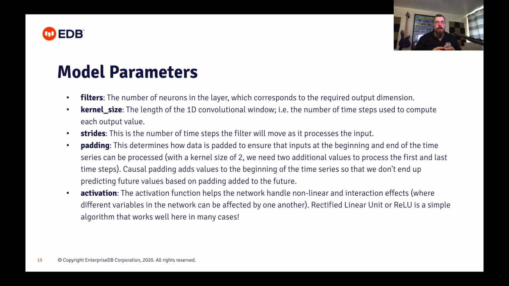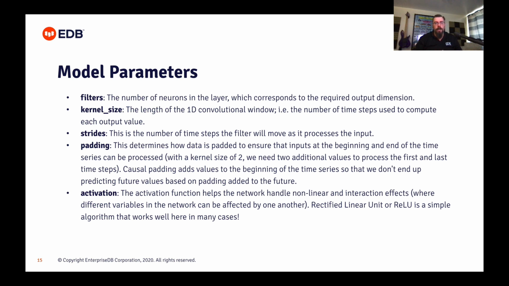Strides is the number of time steps that the filter moves as it processes the input. So if you think about it in terms of that window, the kernel size, how far across the data set that moves in terms of time steps as we process the input values.